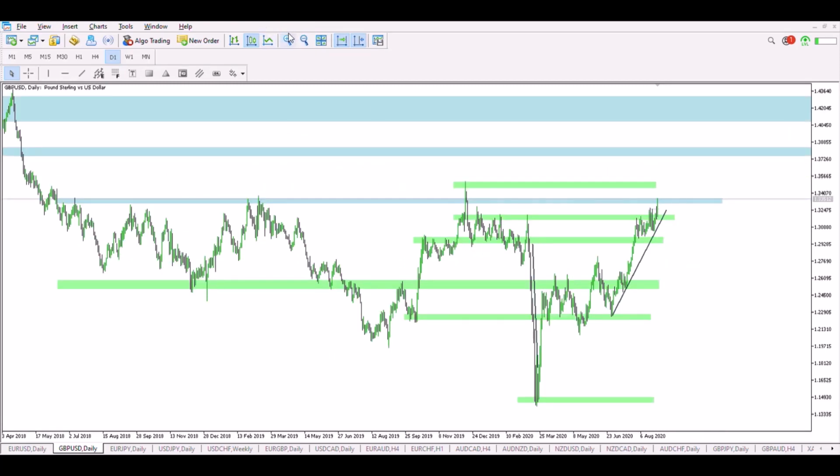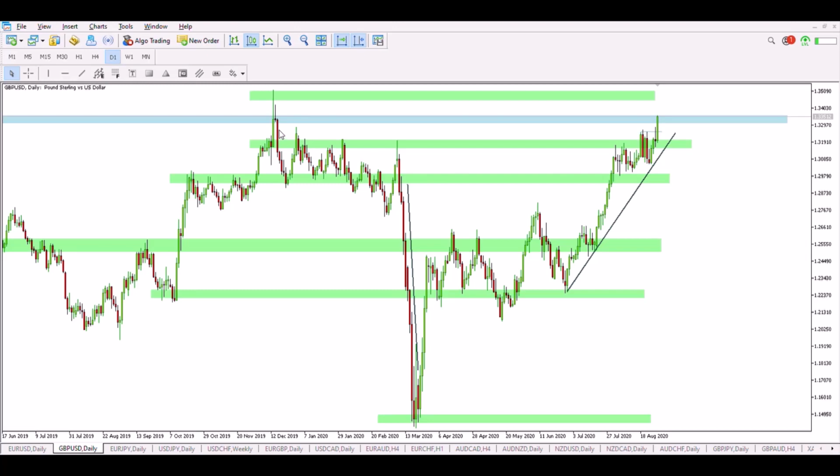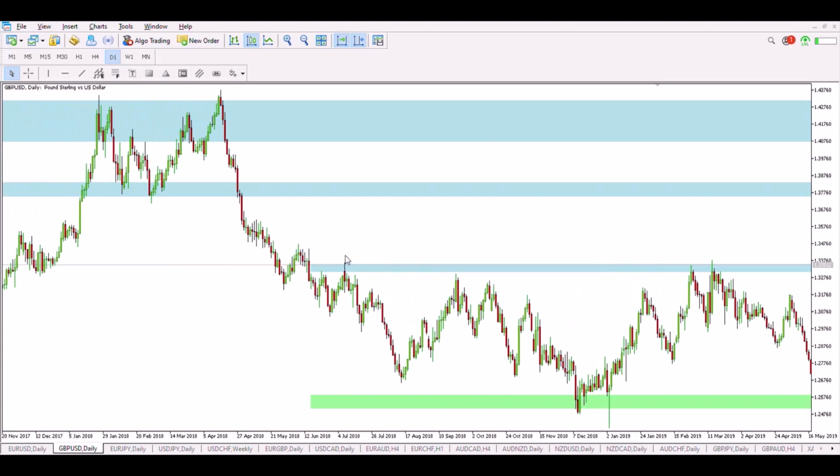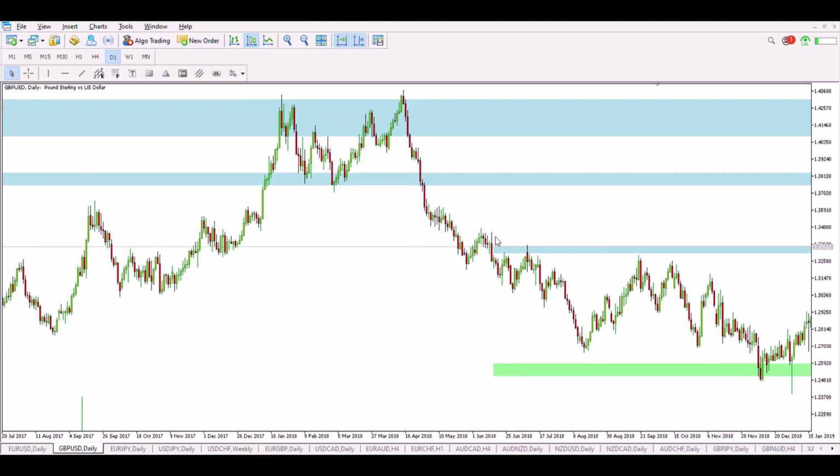We have these highs right here which acted as a resistance and currently are support for our price, and we have this top right here which in the past was also a resistance, as we can see here, and of course it was also a support in the past. Looking back here, and resistance here.